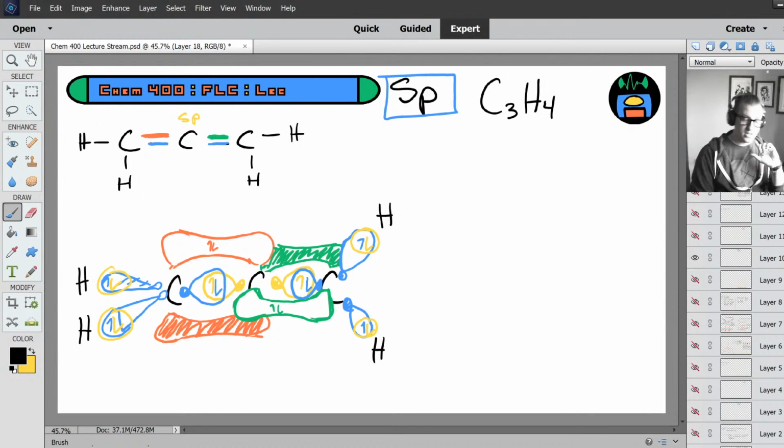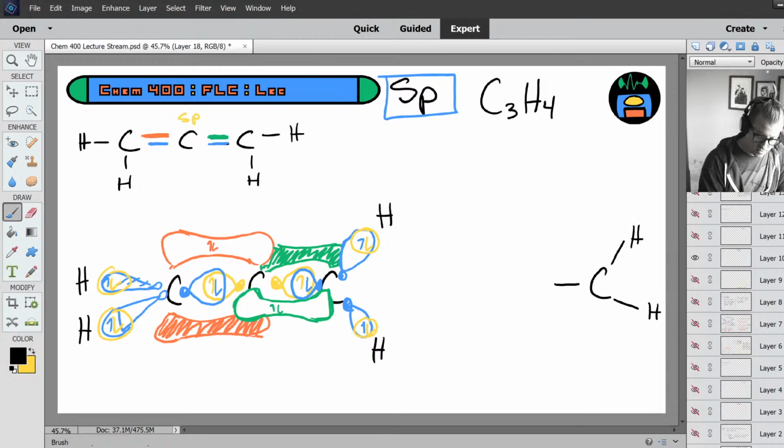That means the true three-dimensional depiction of this molecule will have the carbon on the right with all three bonds in plane, but then the carbon on the very left will have its hydrogens wedged and dashed.